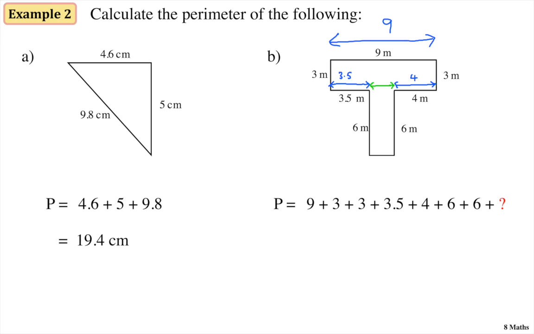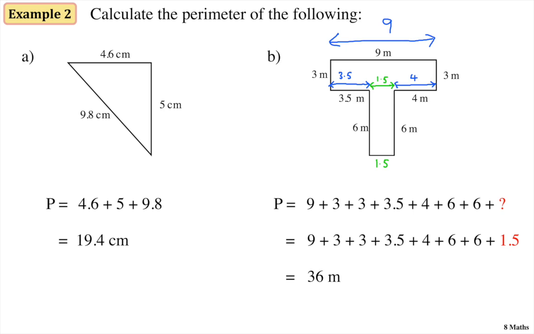And if I go 9 take 7.5, I will get 1.5. And what does that actually mean? Well, that means 1.5 is the length of that side there. And I can actually now put that into my question. I don't need to write that line there. I can start with this line here, with a p equals in front, of course. Add up all of those numbers, and they add up to 36, so the perimeter is 36 metres.